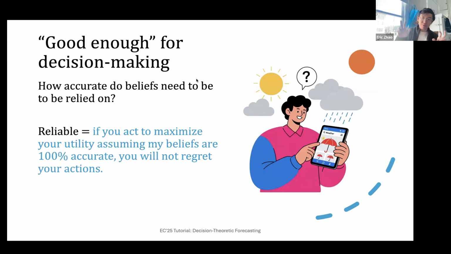And by reliable, what I really mean is if we act to maximize our utility by assuming that whatever the predictor tells us is true, we really won't suffer a lot of regret from making those types of decisions.